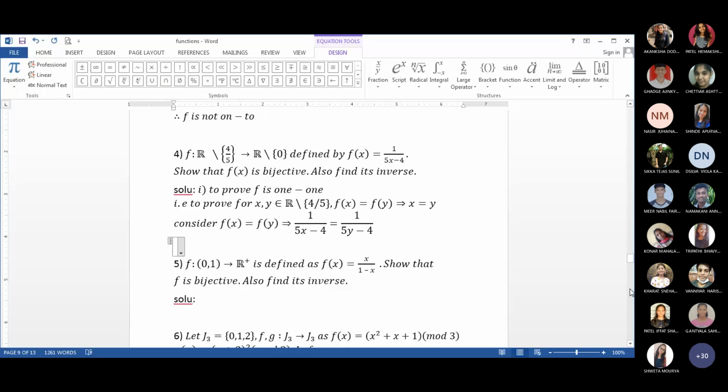We have to solve this and prove that x is equal to y. So by cross multiply I can write 5y minus 4 is equal to 5x minus 4.